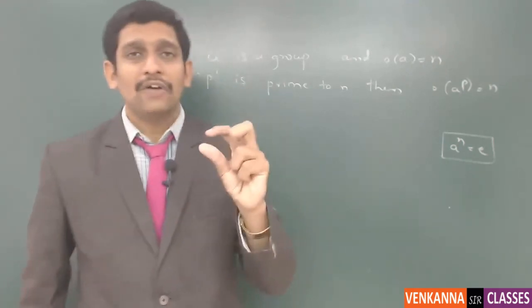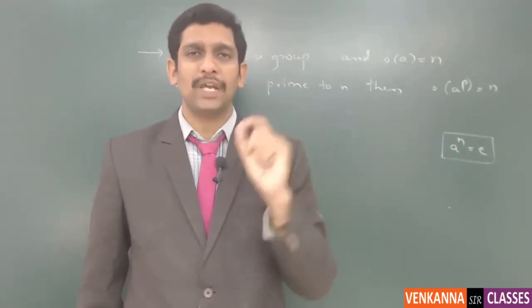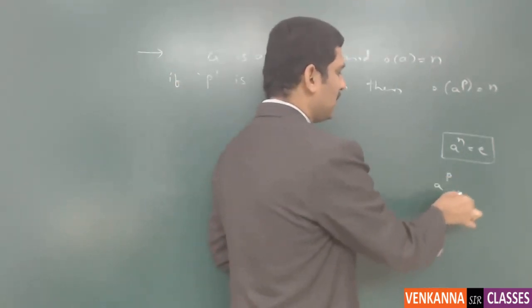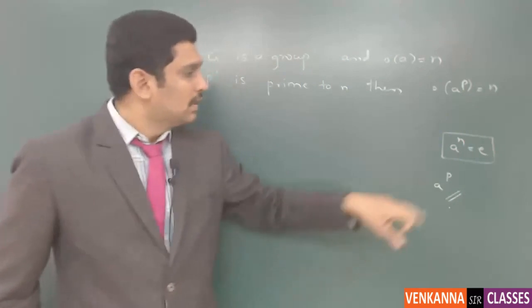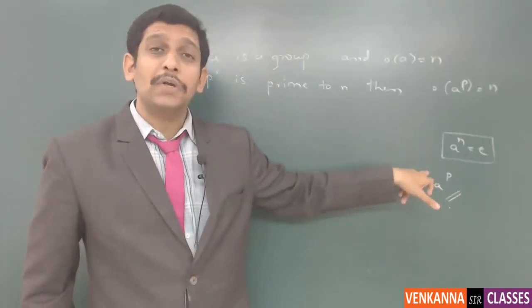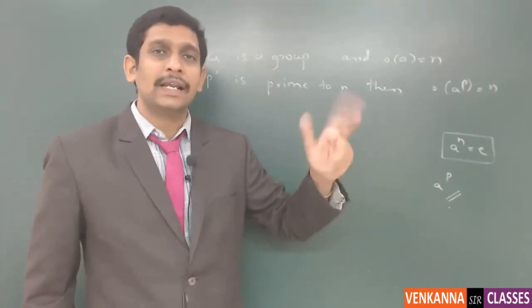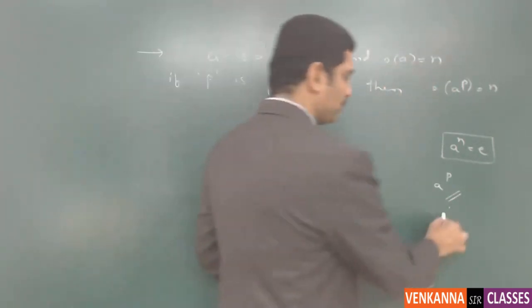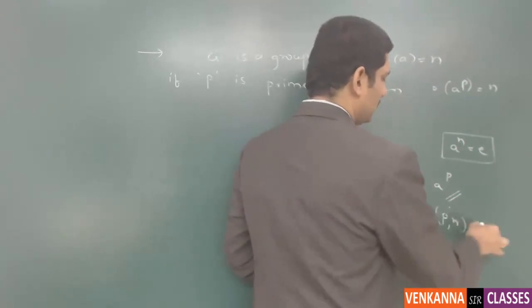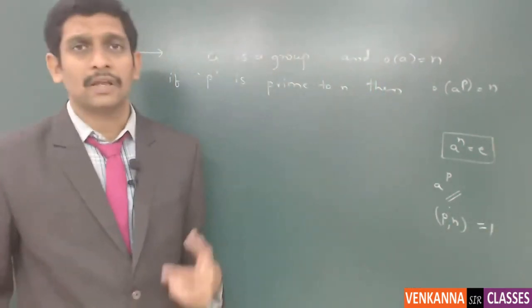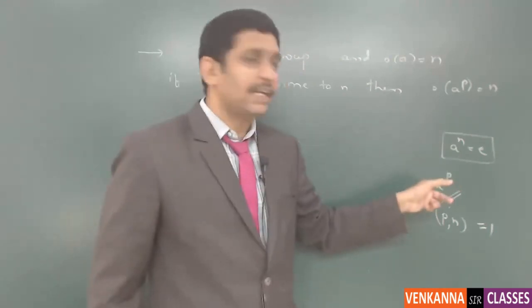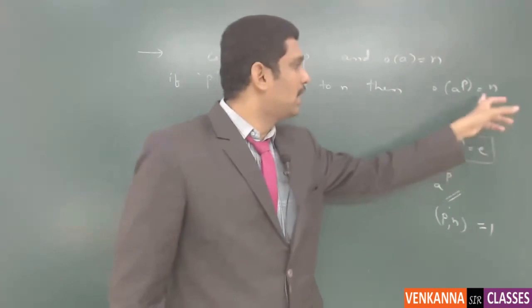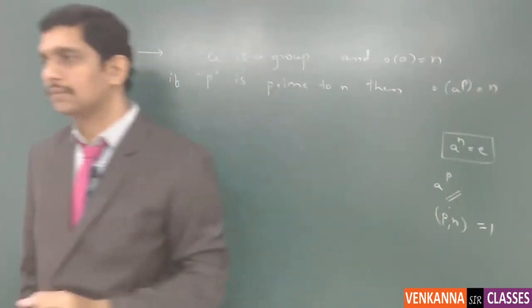So, I have taken a particular power P. So, I have considered the power P to the element A. If the power what you have considered is relatively prime to the order, it is nothing but GCD of P comma N is equal to 1. Then the element A power P also exhibits the same order N that we need to show.